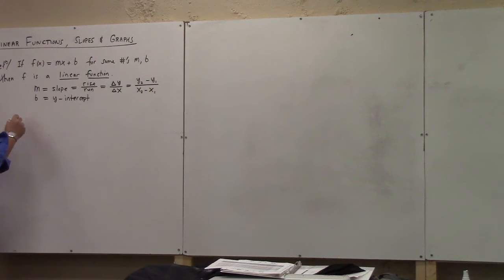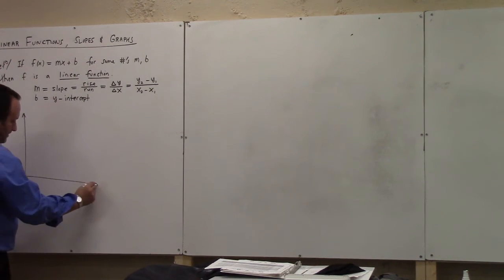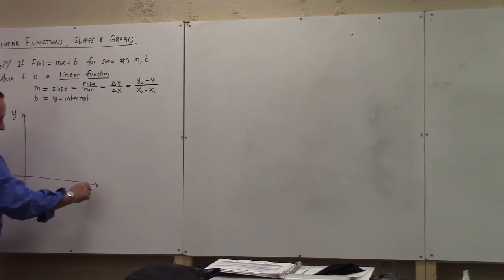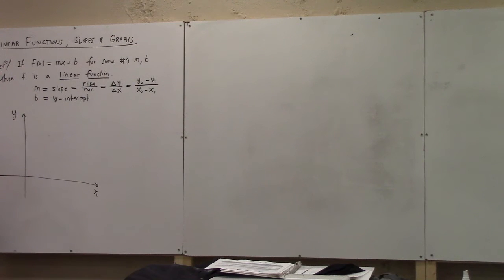Let me make a big old picture to try to explain better what I mean by that. So if this is my xy axis, all right, and my line looks something like this, then first of all, what is the value right there? What is f of 0?